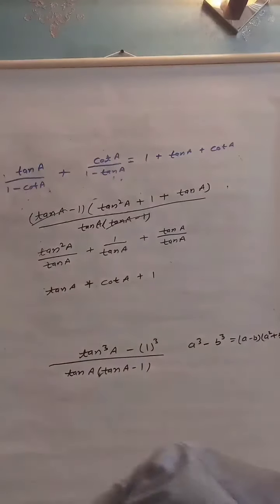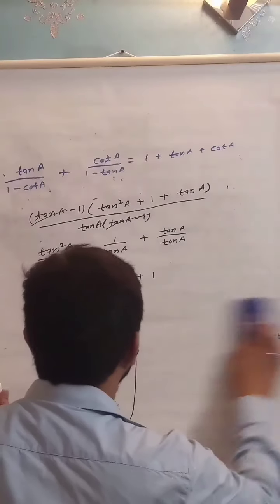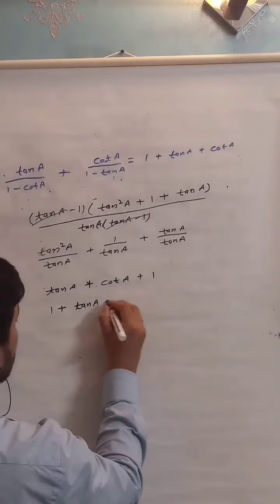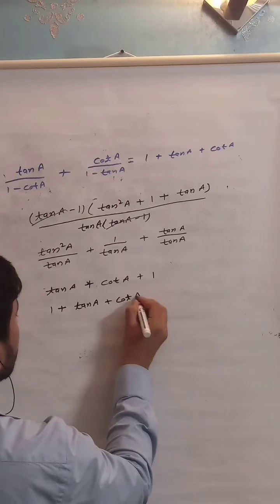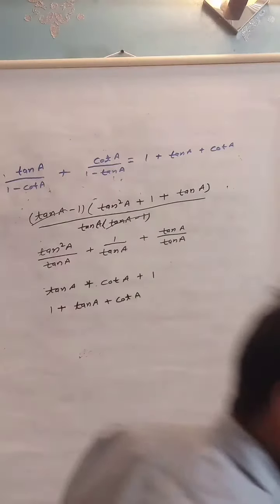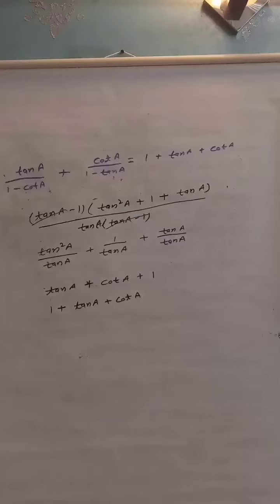We can rewrite this as 1 plus tan A plus cot A, which is the right hand side of the equation. This is the solution of all these questions. Thank you.